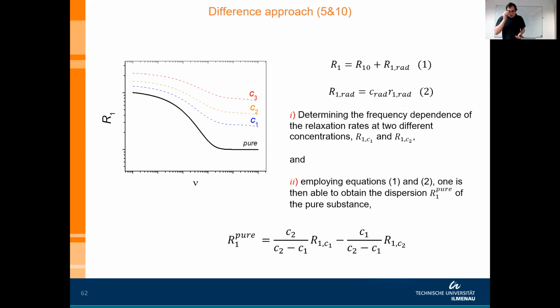And this is of interest if we cannot access the pure nuclear relaxation. If we talk about low sensitivity, low concentration of nuclei with low gamma or low natural abundance, then this method allows, we proved it, to measure the pure nuclear relaxation in the presence of radicals.